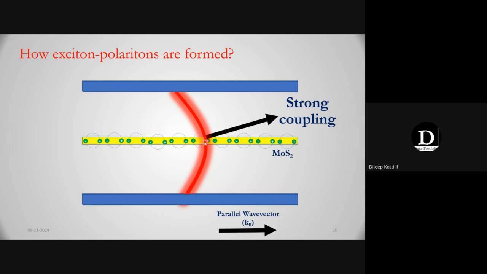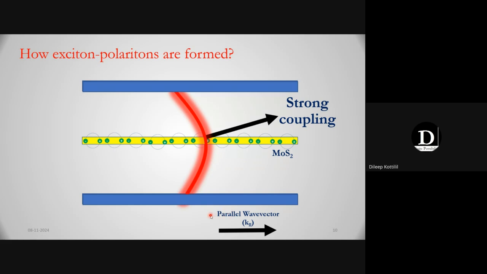So after some time, these polaritons are going to lose the energy and then emit some photons corresponding to the energy of the exciton-polariton. And this energy, which is coming out of this exciton-polariton, can move in different directions. It can move, maybe completely vertical to this cavity or at a certain angle.